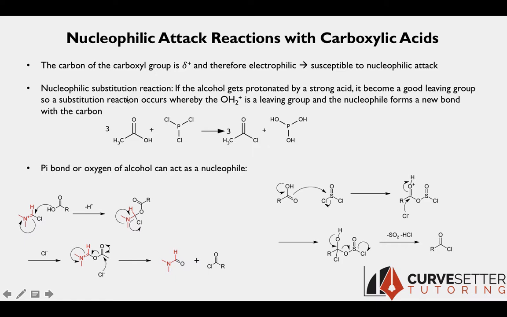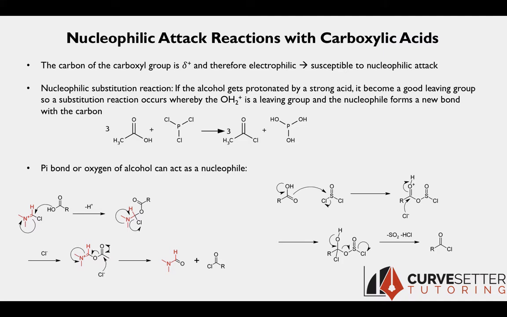In a nucleophilic substitution reaction, the alcohol of the carboxyl group is going to become protonated, generally by a strong acid, which acts as a catalyst. Then that alcohol can be a good leaving group. And so a substitution reaction can occur whereby that protonated OH group leaves, and the nucleophile comes in and attacks that electrophilic carbon. So here you see Cl- is going to act as a nucleophile, and it's going to attack that carbon here, and that OH is going to be the leaving group.